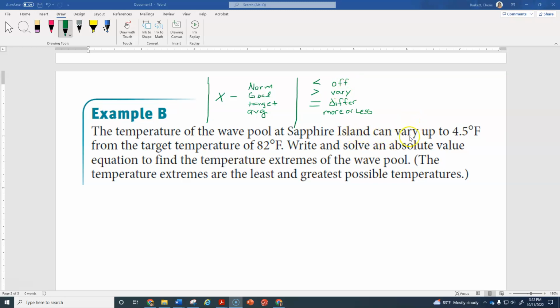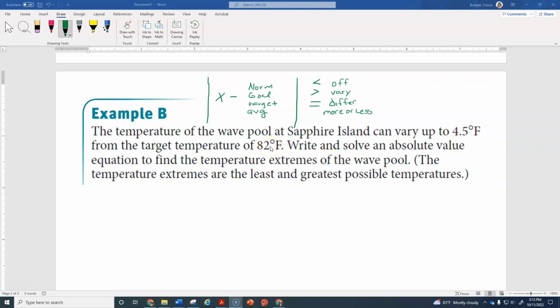The temperature can vary, meaning it can change. It can be 4.5 degrees too cold, or it can be 4.5 degrees too warm. Other keywords are "differ," or they might use the words "more or less." The temperature in the Sapphire Island pool can be more or less 4.5 degrees than 82.